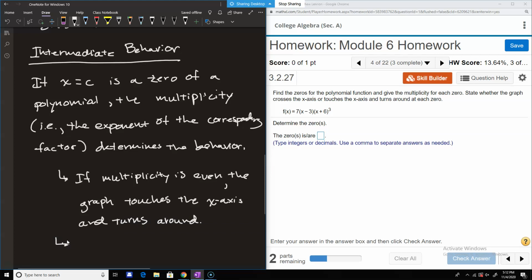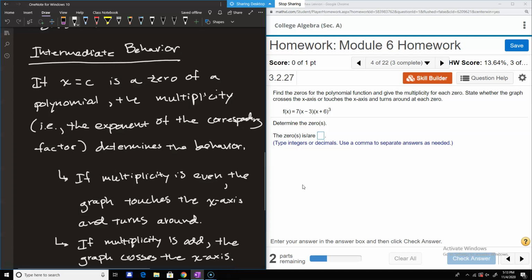And if the multiplicity is odd, the graph crosses the x-axis. So, in this case, we know it's crossing at both of these.